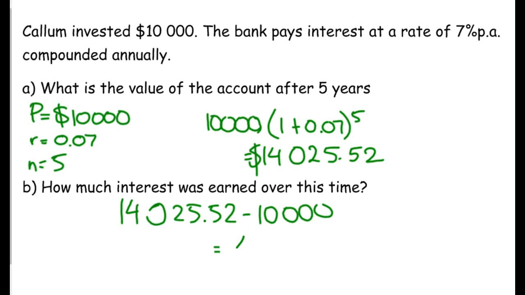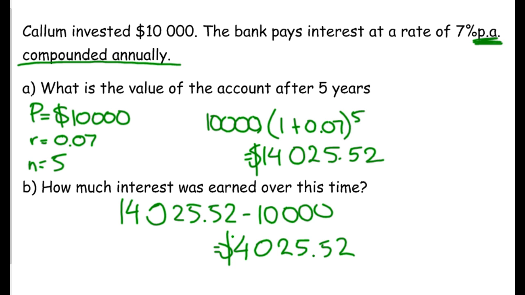That leaves me with $4,025.52. So just by putting some money in the bank, I made $4,000 after 5 years. That's not bad. So, compound interest. Use the formula. If this is per annum, so per year, if the percentage is per year, and it's compounded annually, that's how we do it.